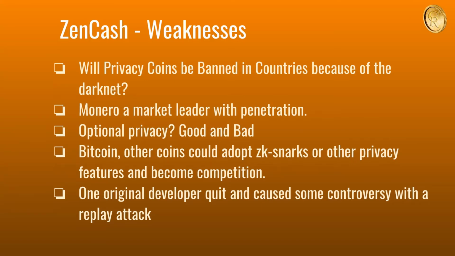Maybe there's this idea that, like Monero, full-time privacy is used in the darknet too much, and that's going to make them a target. So having optional privacy might make you less of a target. I don't know. That's an argument. I'm not sure I agree with that, but it's worth it. You may want to spend some time trying to figure out whether that is going to have an impact for whether or not you buy a privacy coin.